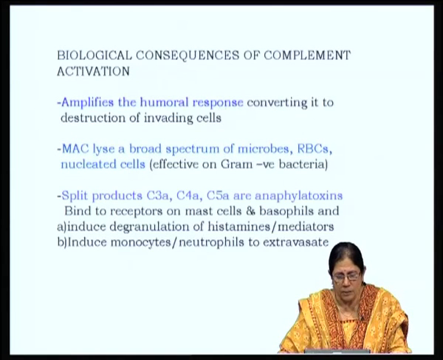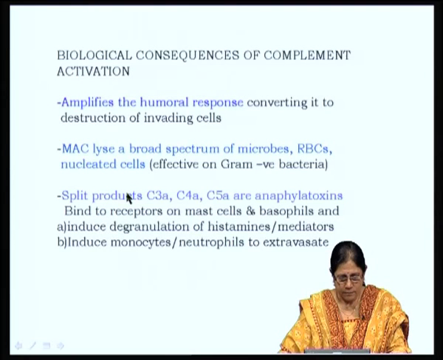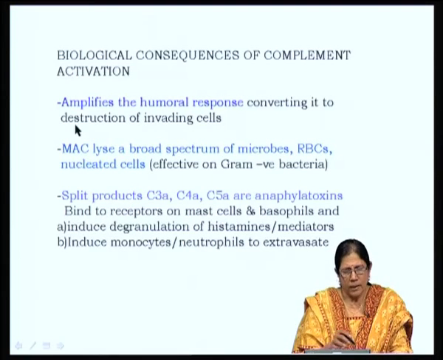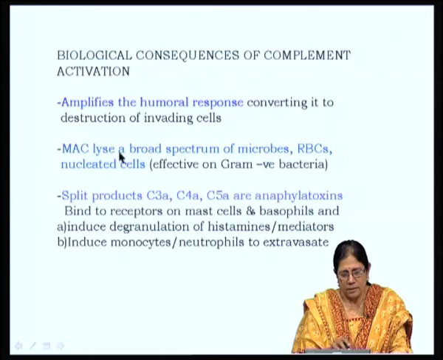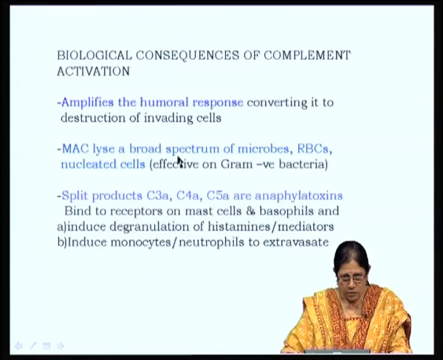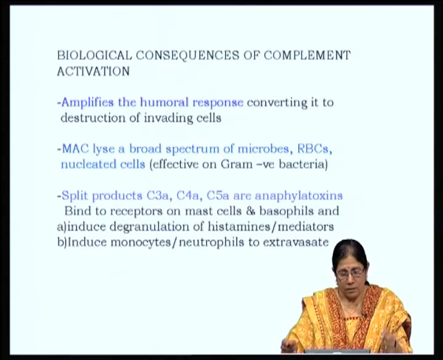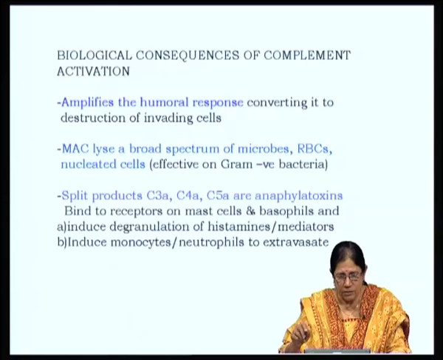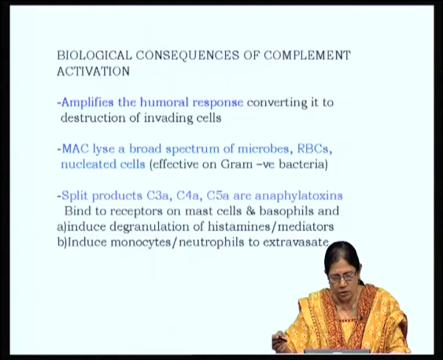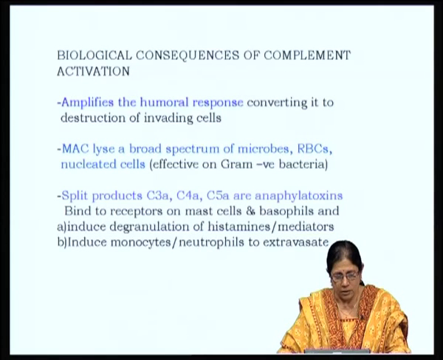What are the consequences of complement activation? One can imagine immediately that since the classical pathway is dependent on the antigen antibody interaction, and since there are enzymes involved, there would be an amplification of the humoral response.